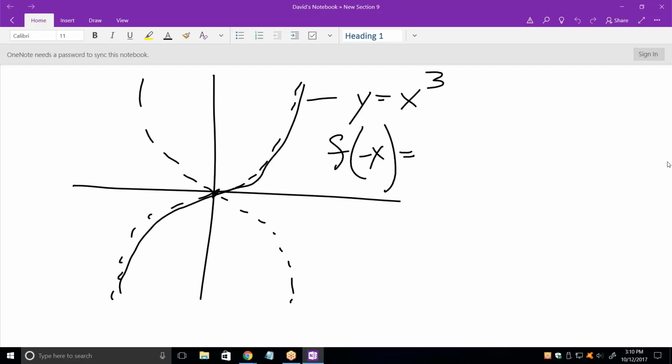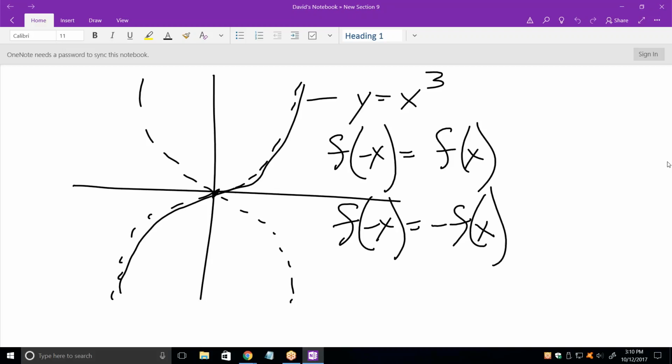If f of minus x equals f of x, then you have symmetry about the y-axis. If f of minus x equals minus f of x, then you have symmetry about the origin. So that would be x-axis, that's origin.